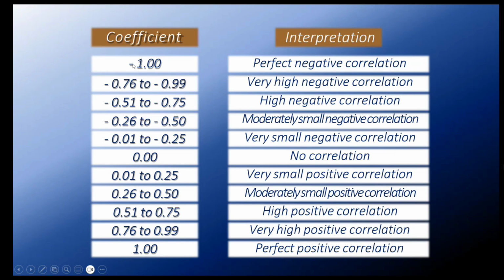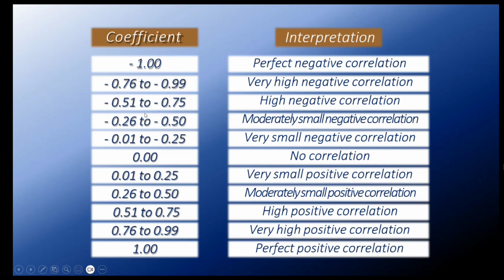If the value is exactly -1, we can have an interpretation that there is a perfect negative correlation or relationship between two variables. Perfect negative. Next, we do have -0.76 to -0.99. So it means very high negative correlation.